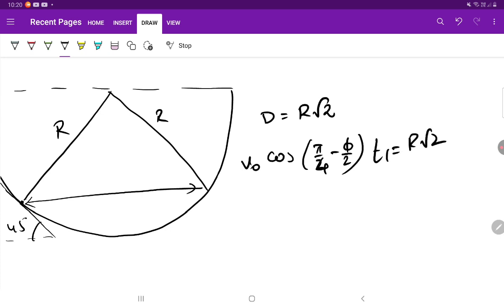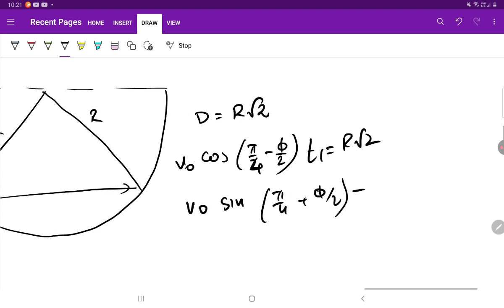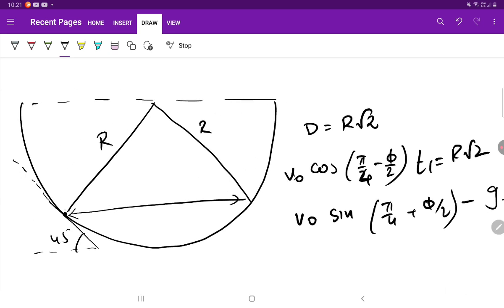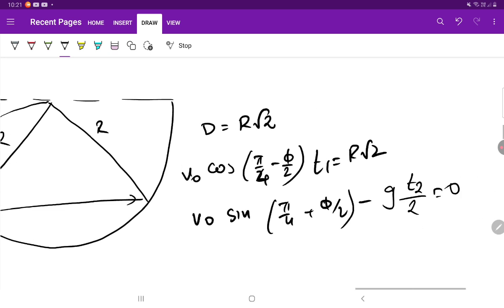Similarly, v naught sin(pi by 4 plus phi by 2) minus g t2 by 2 is equal to 0, because we are considering half of the maximum time, that is basically when the projectile goes from here to here, it will take time equal to t2 by 2.